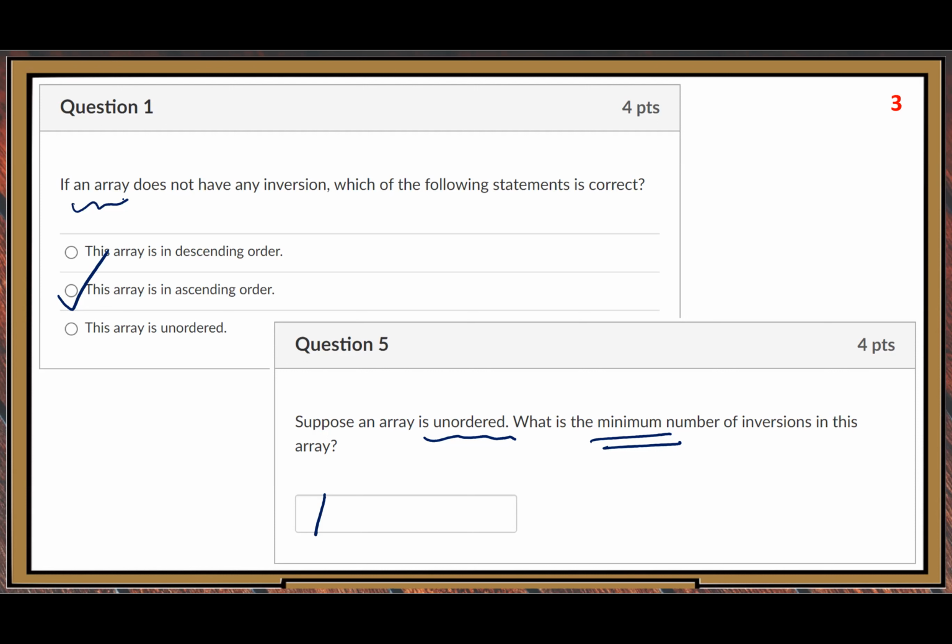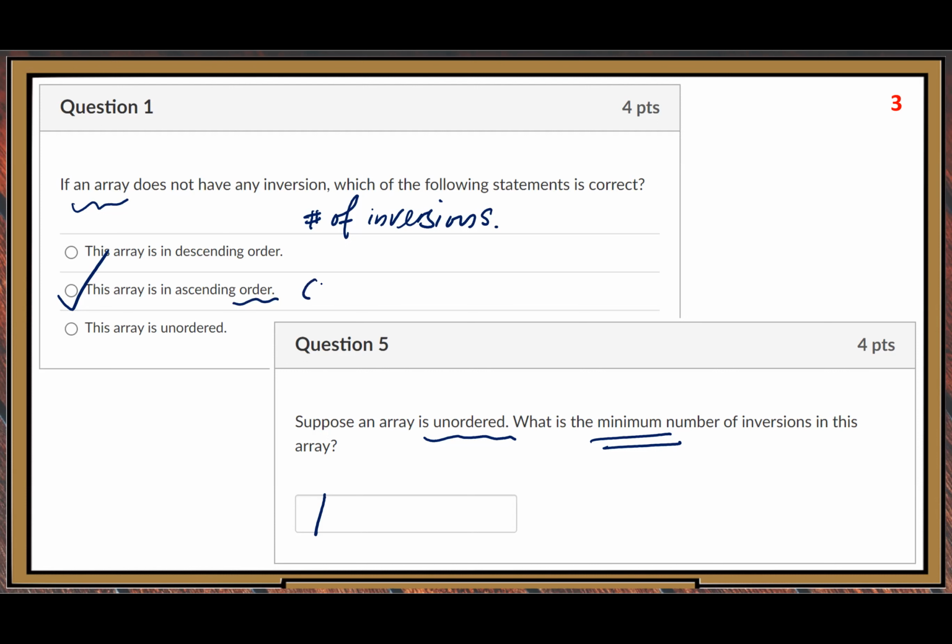And then when we look at the number of inversions, this is the minimum, right? The ascending order minimum includes ordered, because ascending order is ordered.